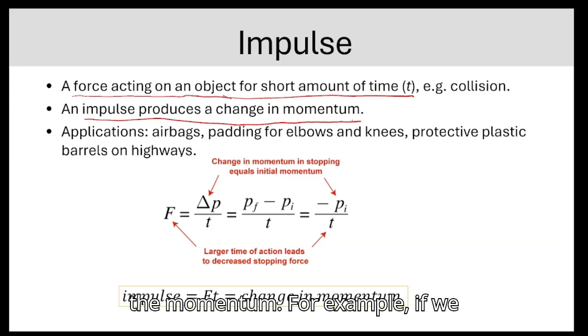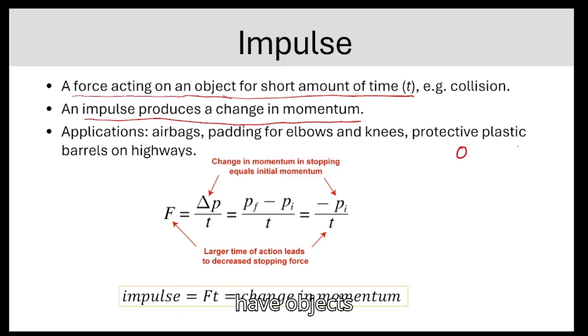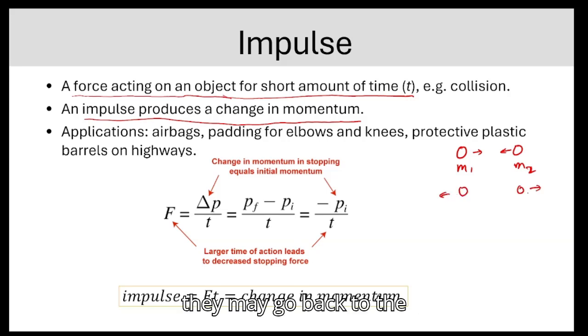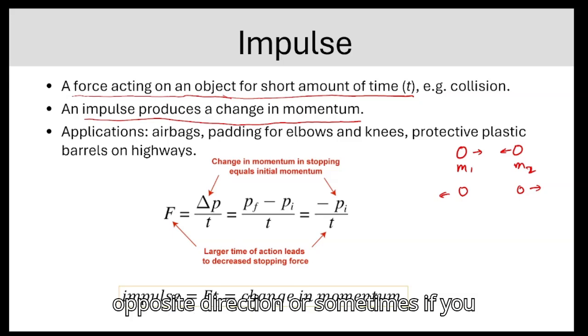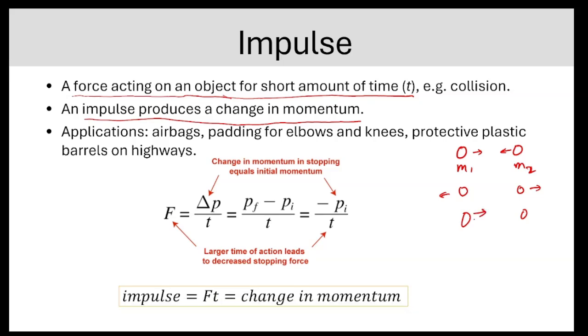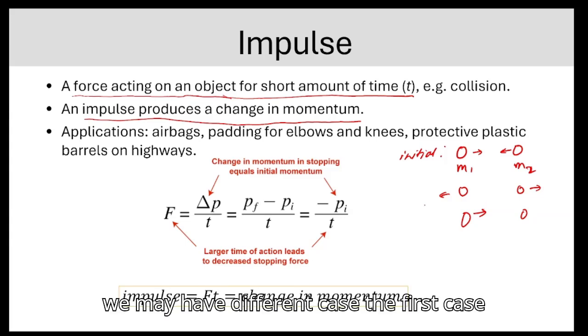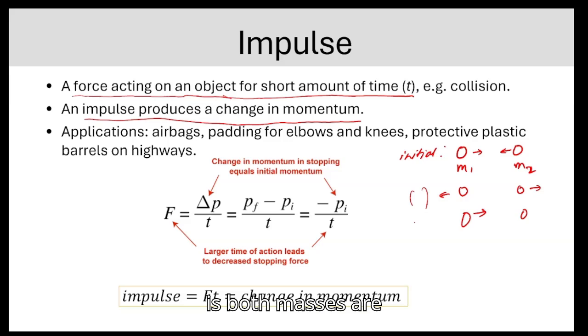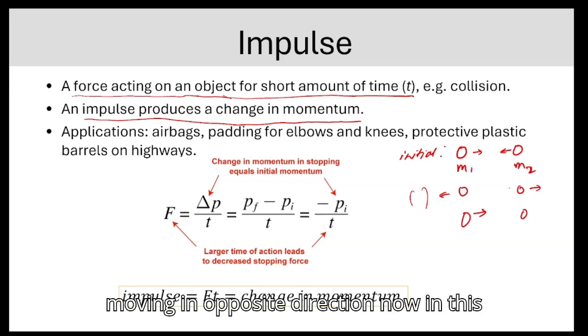For example, if we have objects m1 and m2, they're moving toward each other, and once they collide, they may go back in the opposite direction. Or sometimes if you have a different mass ratio, after collision this may go differently. So this is initial, and we may have different cases. The first case is both masses are moving in opposite directions now.